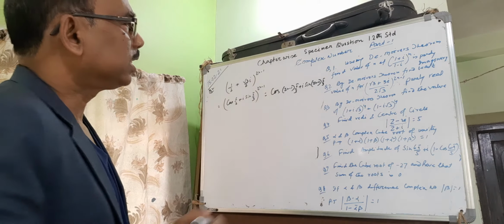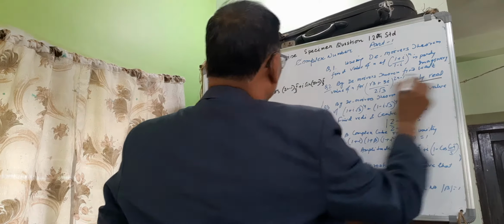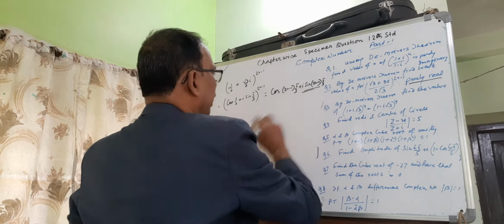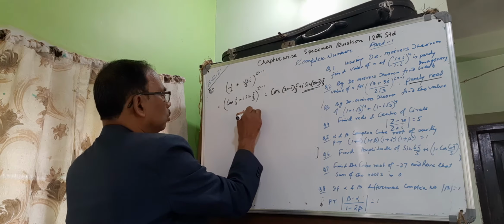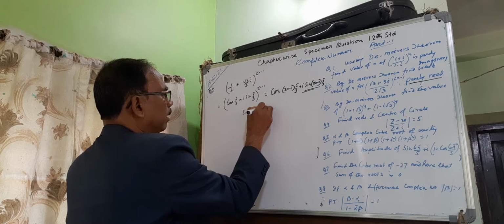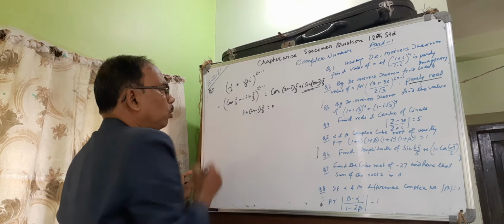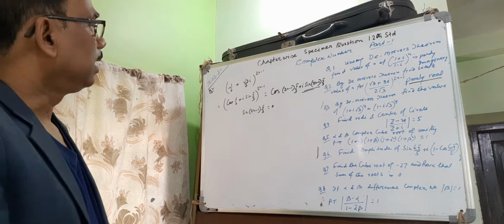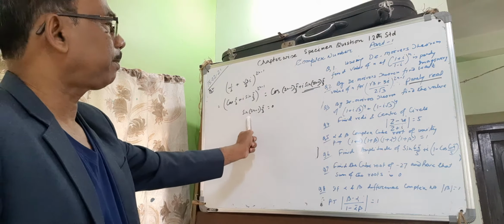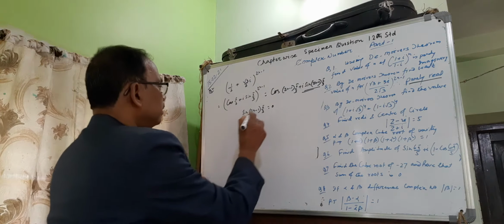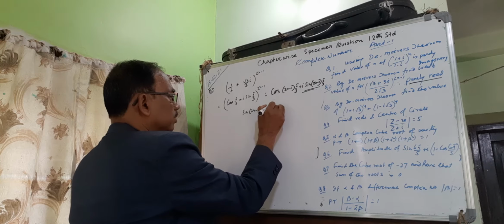Now we know it is purely real. This is the imaginary part, and the imaginary part should be 0. That is sin (2n minus 1) pi by 3 equals 0. As it is purely real, this is called the real part, this is the imaginary part, and the imaginary part will be 0.